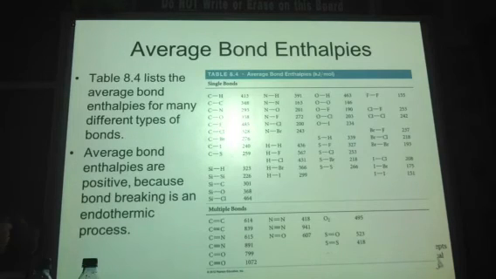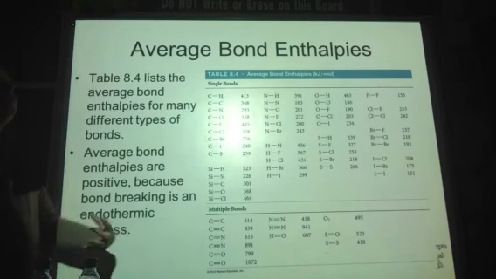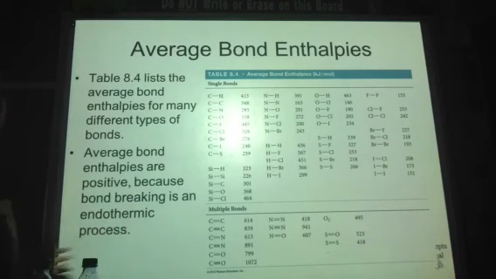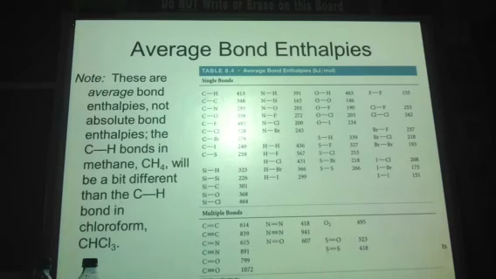Average bond enthalpies are positive because breaking bonds is an endothermic process. I have to add energy into that bond before it can break, so bond breaking is an endothermic process.